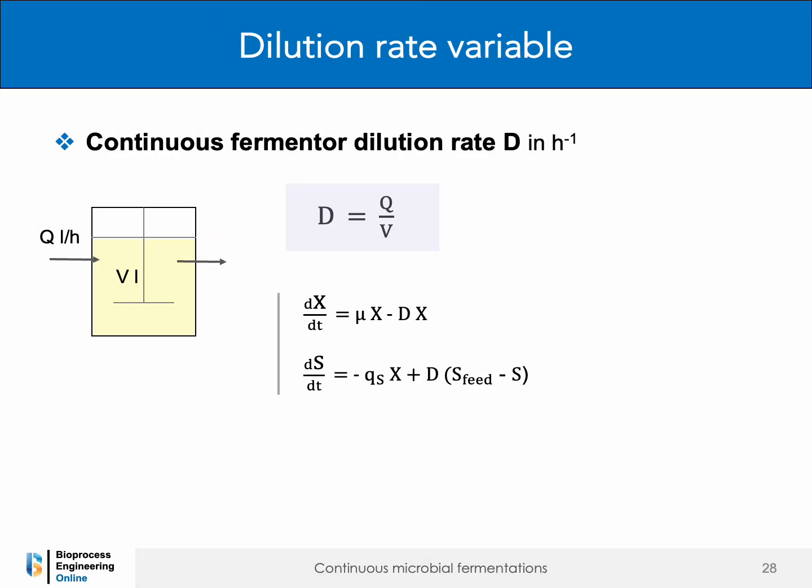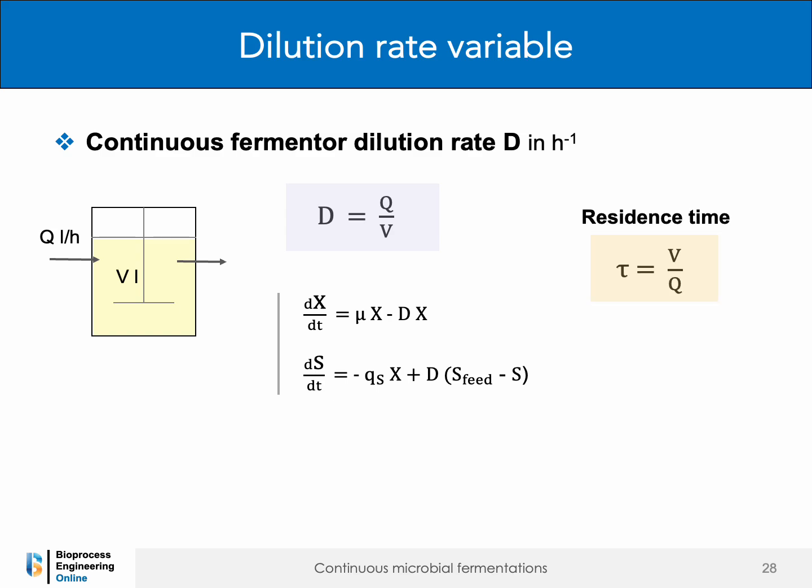According to the instantaneous biomass and substrate mass balances, the temporal variations of biomass and substrate concentrations during continuous fermentation depend on the ratio between the volumetric flow rate Q and the medium volume V in the fermenter. This ratio is known as the dilution rate, D. It represents the volume of fresh medium in liters, fed per liter of reactor volume per hour.